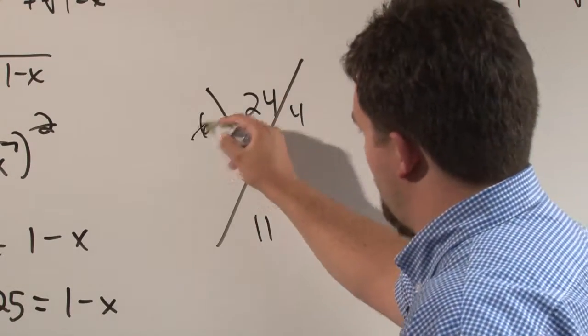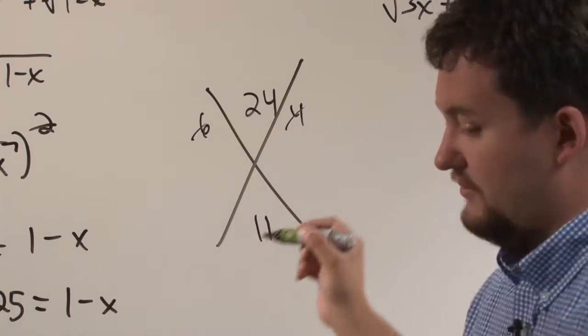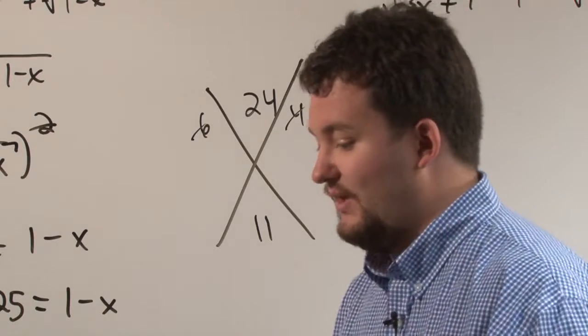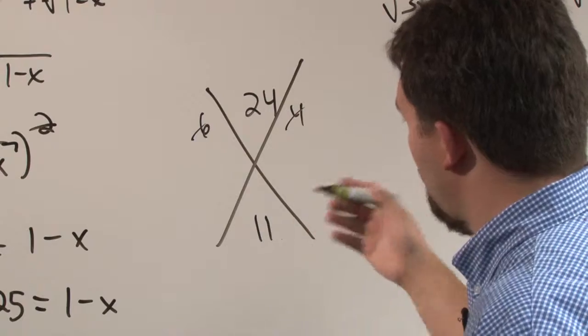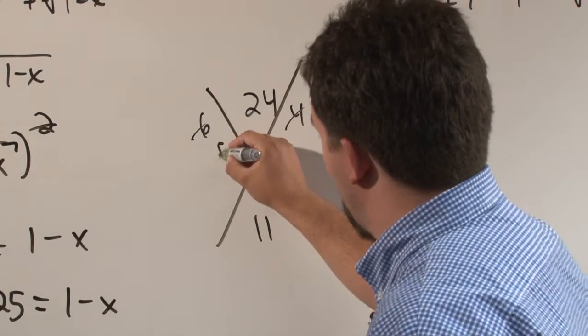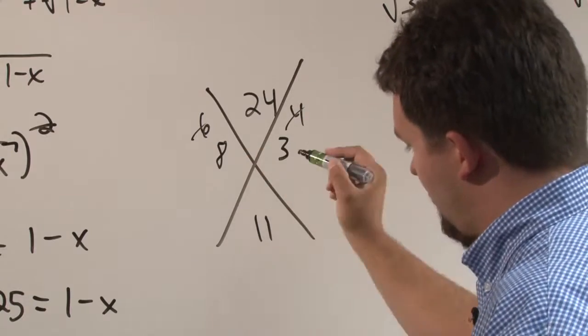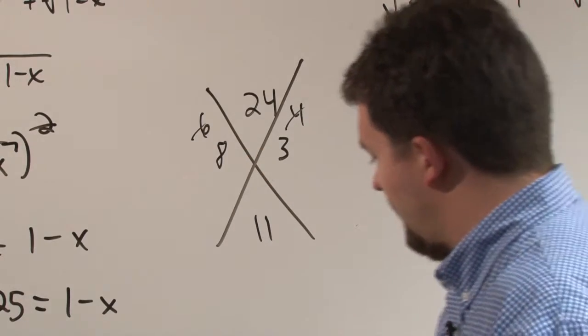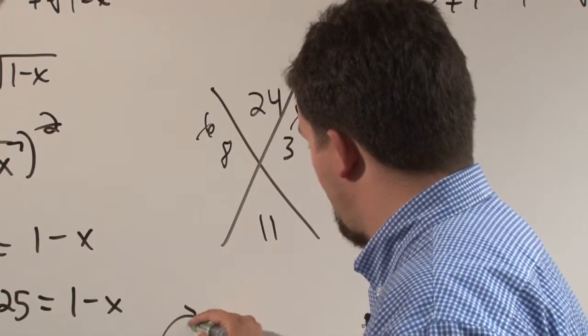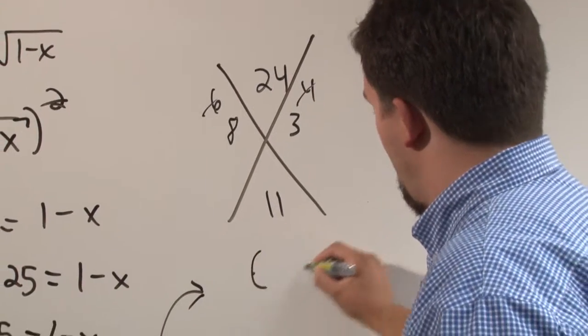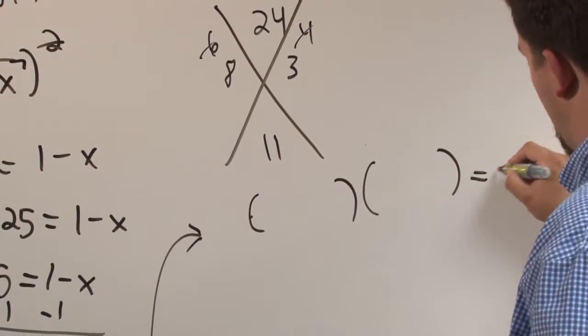So that's okay, they just don't work. This is what I recommend when I'm tutoring: go ahead and write it down and get it out of your brain. Well, if 6 and 4 doesn't work, what if I tried 8 and 3? Because 8 and 3 does multiply to 24, and yes, it adds to 11. So now I can take this up here, and we see this here, right?